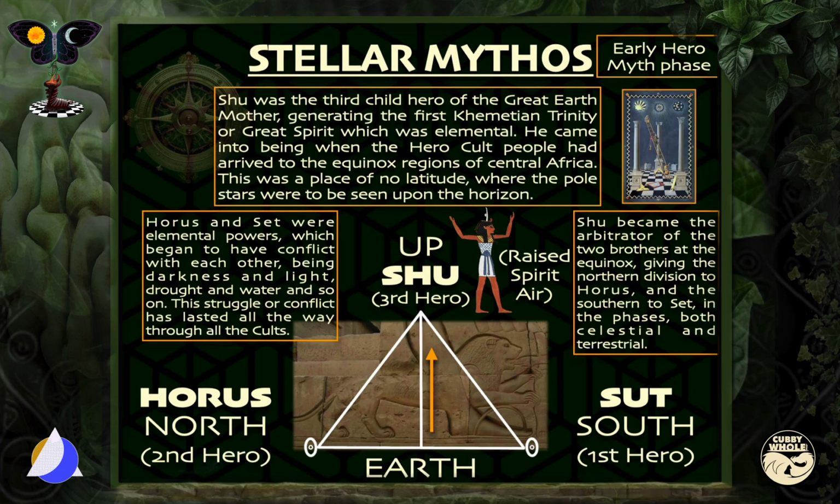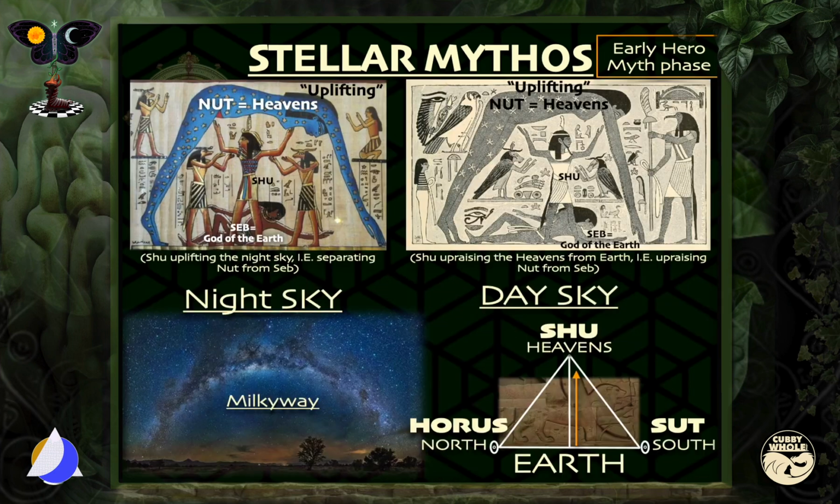So this became the first trinity, which was an elemental first. It was totemic. It was expressed with the nature elements. So this third hero of the stellar mythology represented raised spirit and balance and unity between the North and the South Pole. It was considered the Great Spirit.